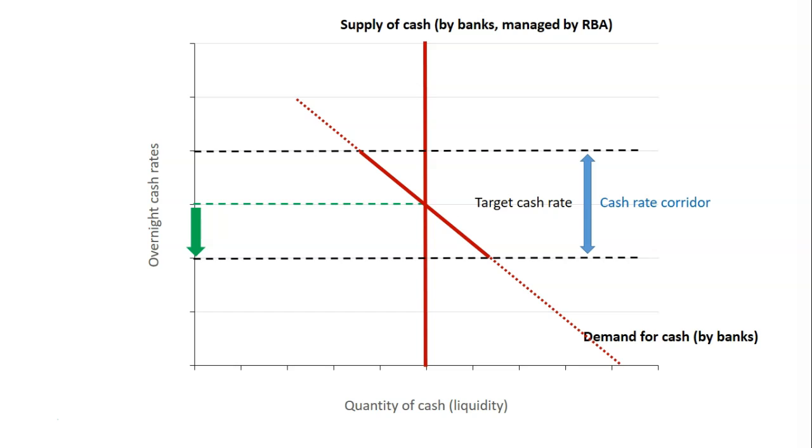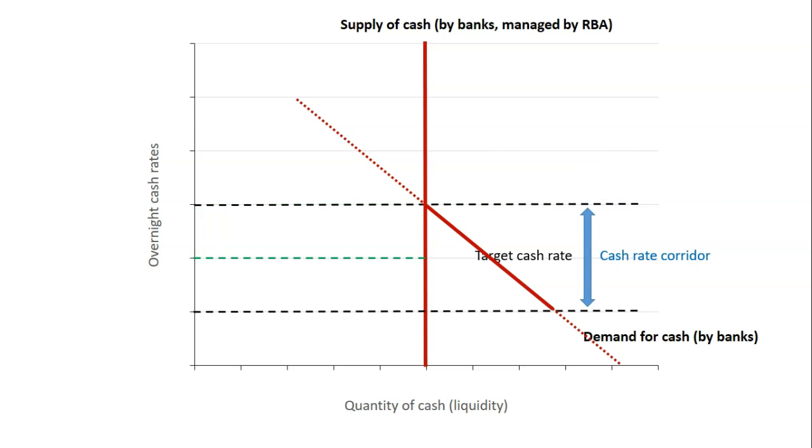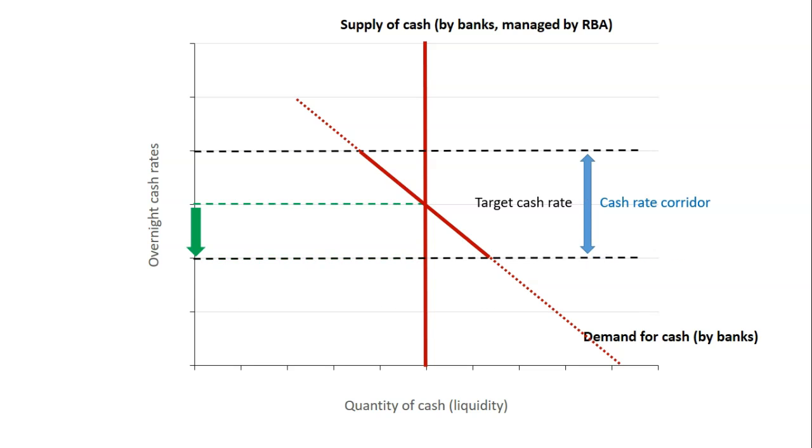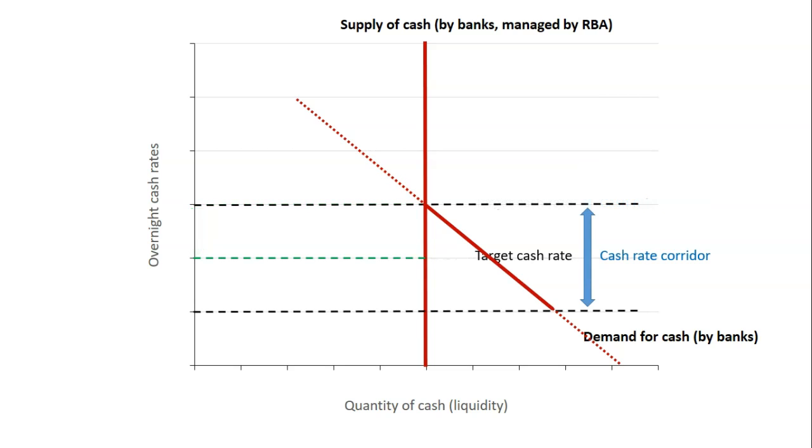It makes its announcement about what the new cash rate will be, and then it changes the interest rate that it offers to the private banks for loans and the interest rate it offers to private banks for deposits. So you get this shift downwards like this. Note that the demand curve itself is not changing. Okay? We're simply moving along it.